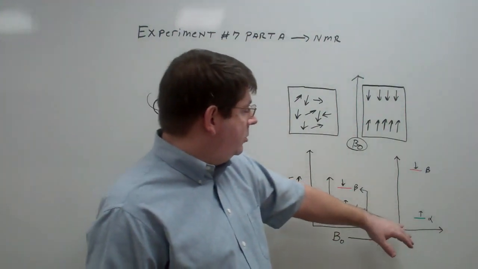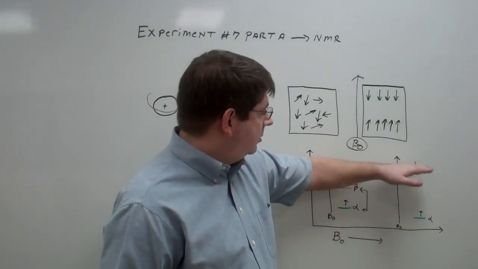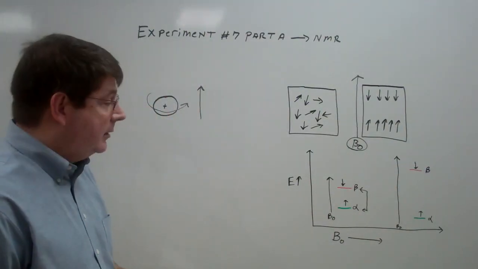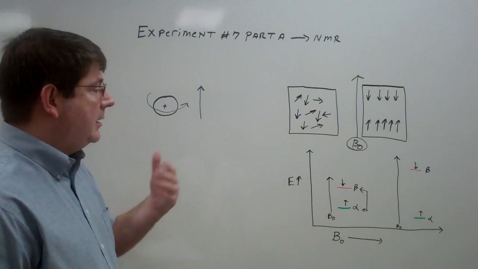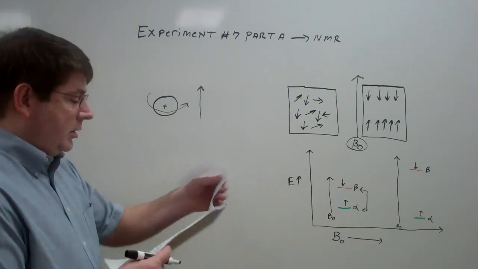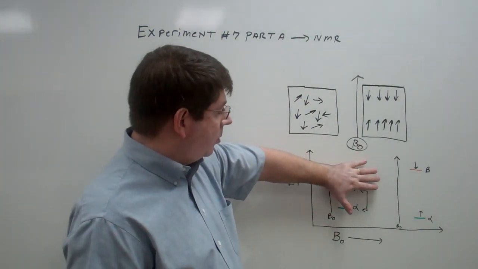And so that's why we use superconducting magnets in our NMRs these days to get this large gap in the two states so that we can easily detect the alpha and the beta state, and we get better sensitivity that way. So that's the physics of how an NMR spectrometer works.